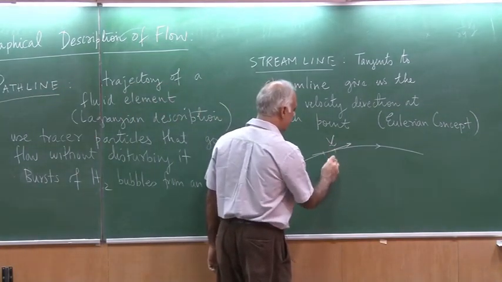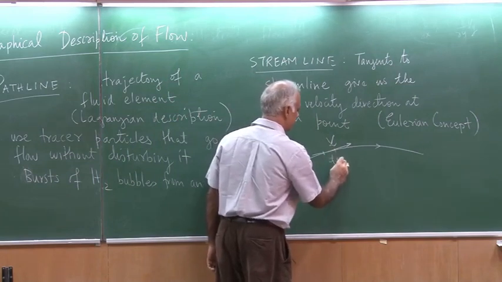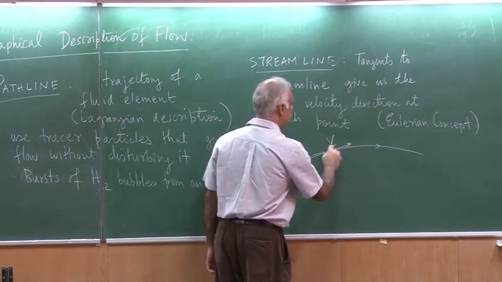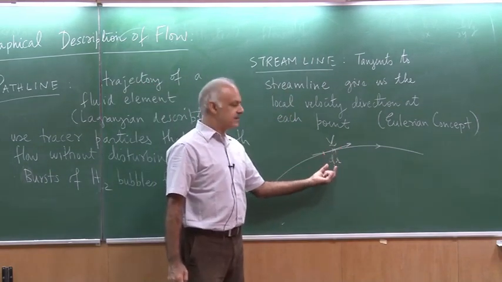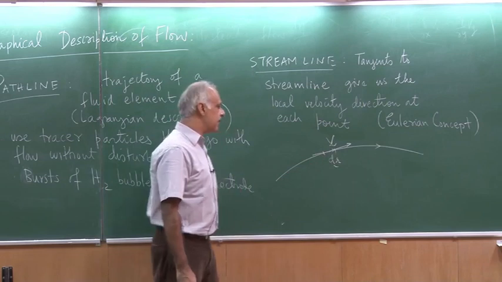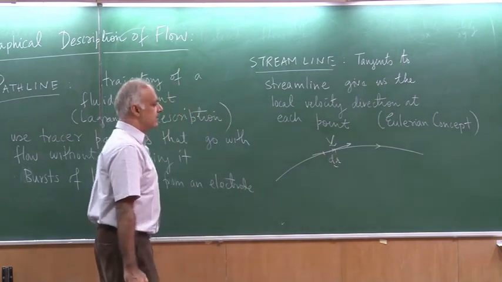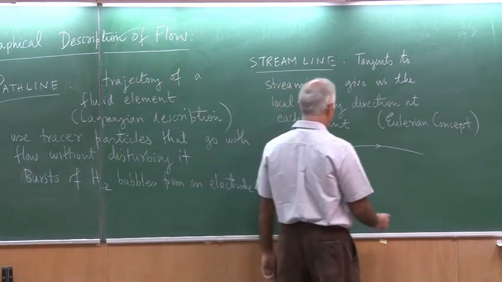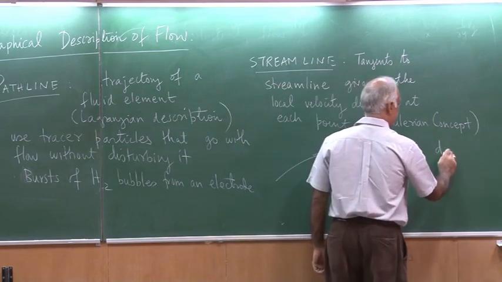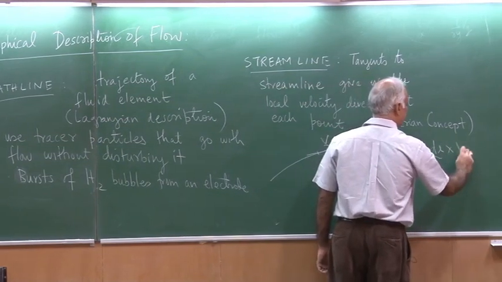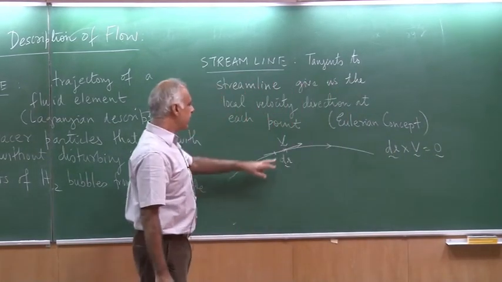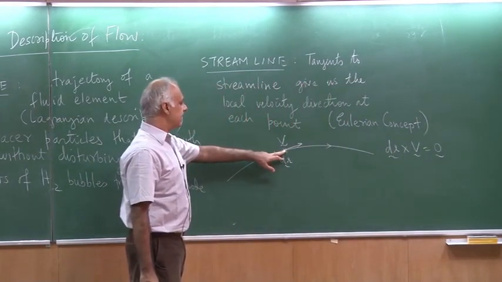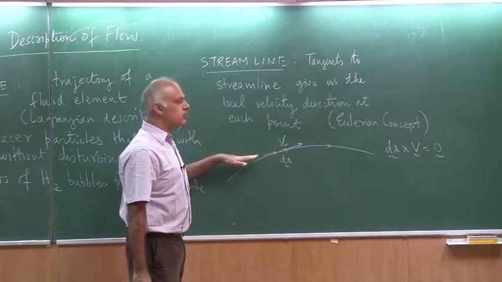So suppose I take an infinitesimal part of the streamline and let's say that I represent it by dr. So the equation of a streamline is that dr cross v should be 0, simply because dr is tangential to v.